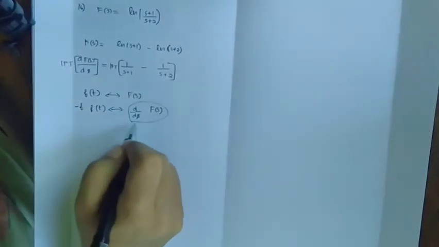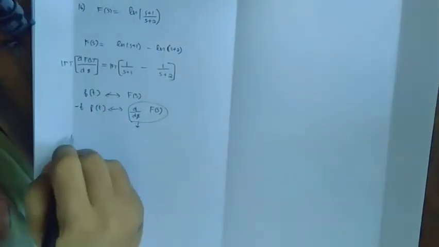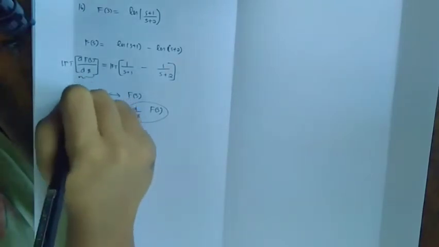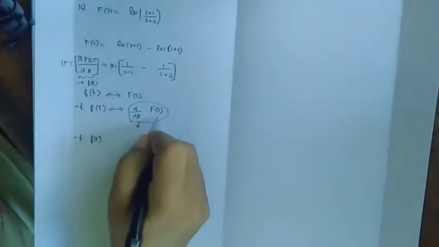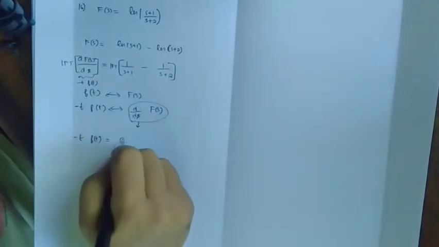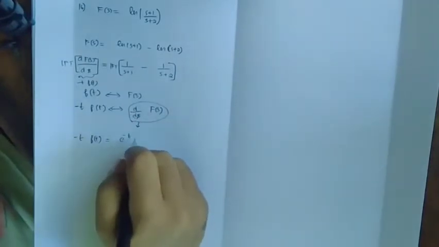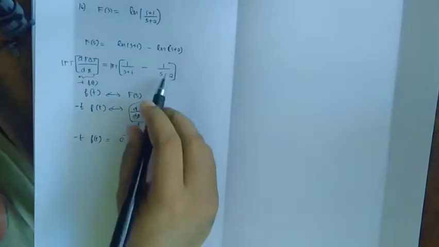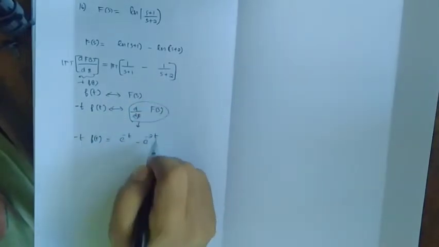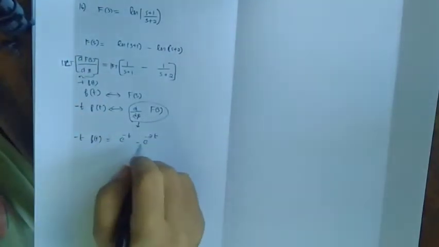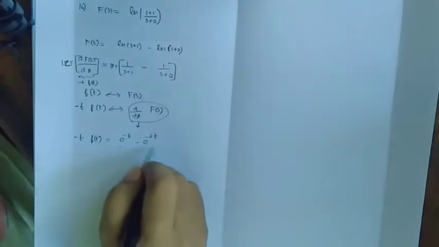So if we take the inverse Laplace transform, we'll get minus t into f of t. That is, the inverse Laplace transform of d by ds of f of s equals minus t into f of t. The inverse of 1 divided by s plus 1 is e raised to minus t, and 1 divided by s plus 2, actually it is not IFT, ILT, I apologize, inverse Laplace transform, is e raised to minus 2t.